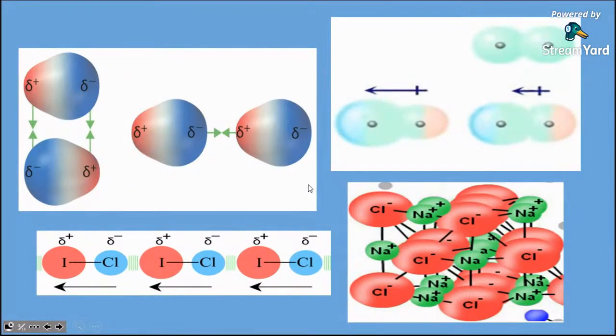In this upper right-hand depiction on your screen, what it's showing is really three different things. One, where you don't really have any type of polarity. There's no pull of the electrons within a particular atom or molecule or between molecules.